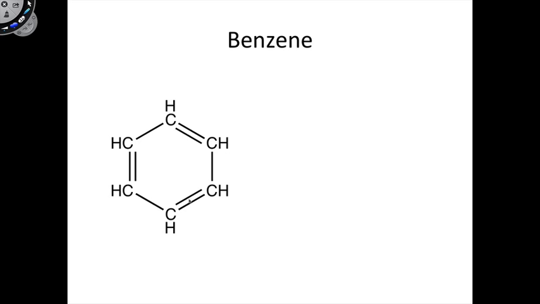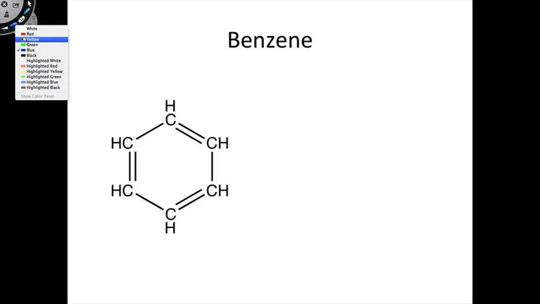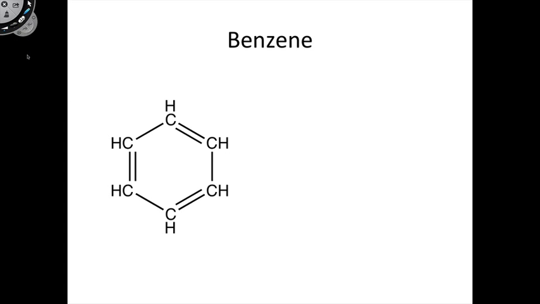And the reason for that is there is one other resonance structure for benzene, and that is how we can sort of explain or show that these aren't actual double bonds; these aren't actual single bonds.